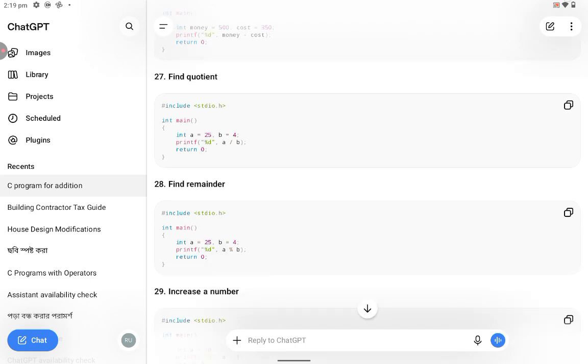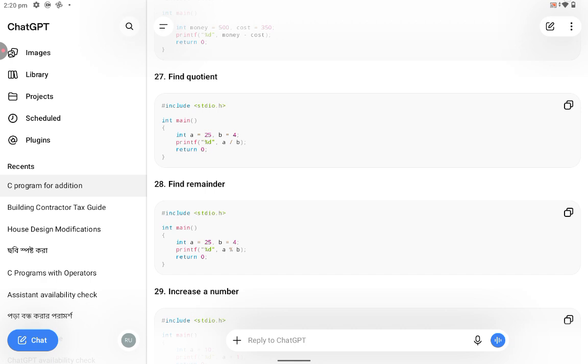Find quotient, like divide. In division operation we find quotient, or sometimes we find remainder. To find out the remainder, we have used modulus operator in the last video. Here you see a equal to 25 and b equal to 4. So what is the quotient? A divided by 4. The result is 6. But there will be remainder.